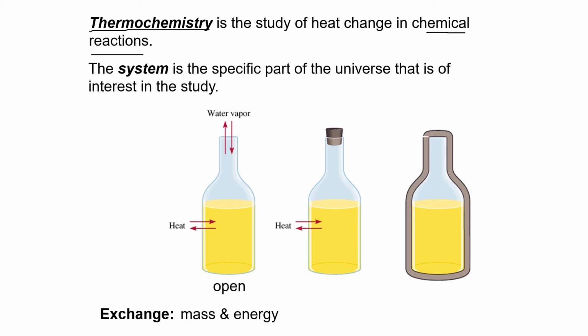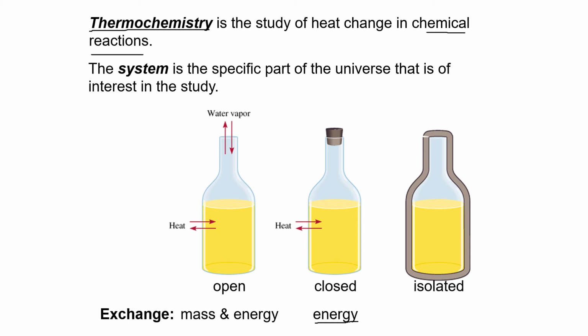Now in the second scenario, we've capped this bottle. So now we've stopped the transfer of mass into and out of the system, but we still can transfer heat into and out of the system. So this is a closed system where only energy can be transferred.